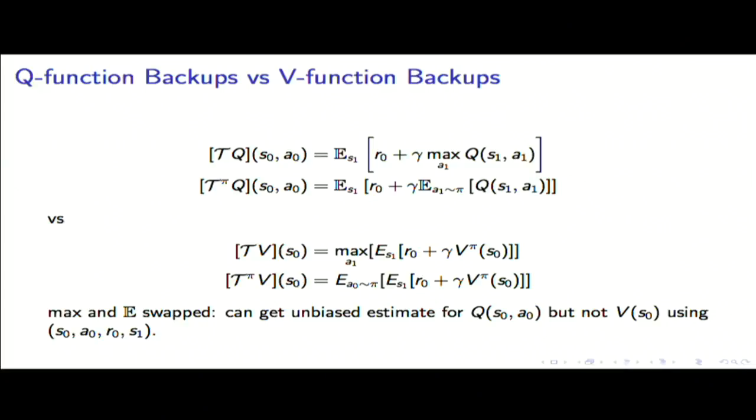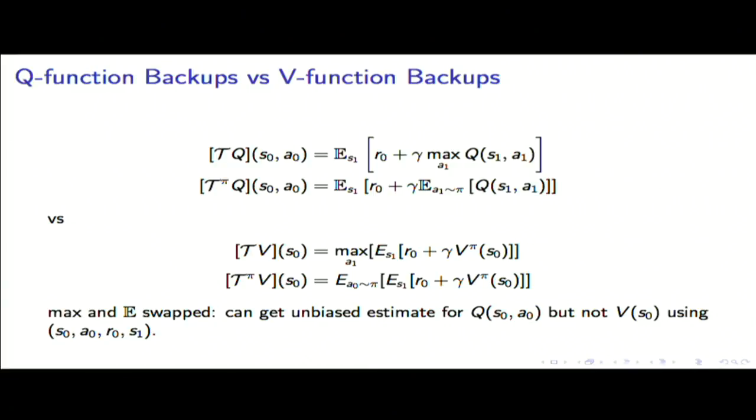And the thing is, we can get an unbiased estimate for the right-hand side of these Q function expressions by taking one state transition. But we can't get an unbiased estimate of these formulas by taking one state transition. Actually, that's not true. For this one, we can. This one, we can get an unbiased estimator by taking one state transition, but not this one.